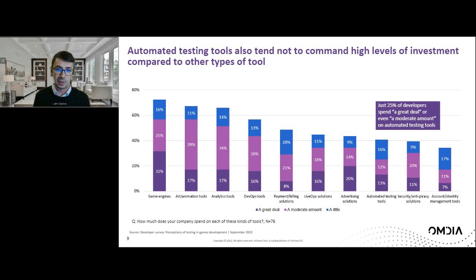What's interesting, again, we see some others that are not perceived as so expensive, with a bit more blue on these bars: payment and billing, account and identity management, and also testing again here, with a fairly high percentage of users of those tools not perceiving them to be very expensive or burdensome in terms of cost. So I guess you can look at that in multiple ways.